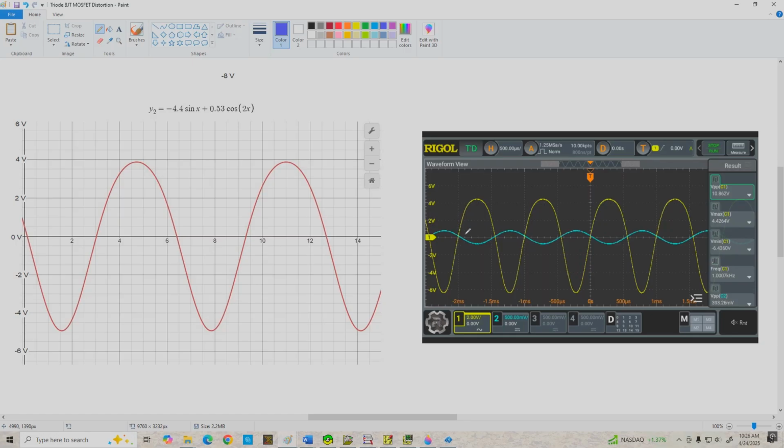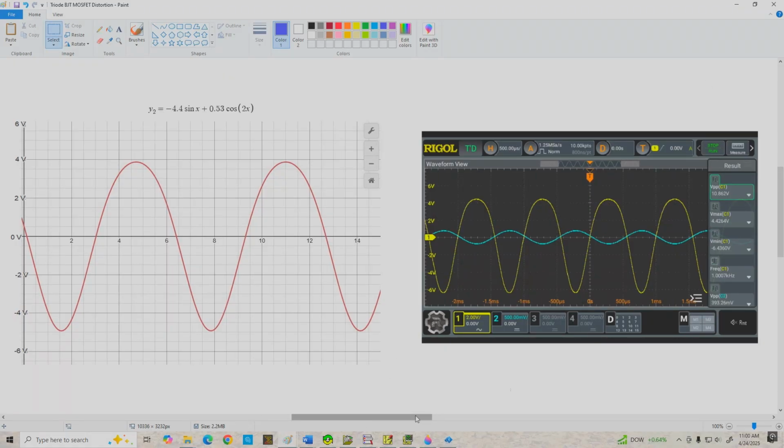So the real MOSFET is exhibiting a bit more distortion than our theoretical analysis, and that's because there are higher order effects coming into play here that we're not accounting for in this output, but it's still reasonably close, and the distortion is not as bad as it was for the BJT.